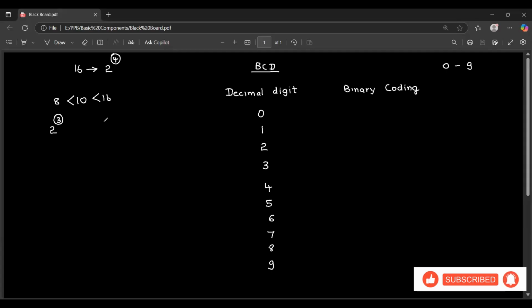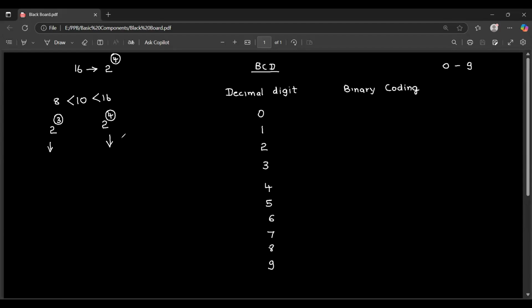But if we choose 4 bits, there will be excess. So we assign 10 specific codes for the decimal digits, and we discard 6 combinations. In 2 to the power 3, there are 8 combinations, which is not enough. But 2 to the power 4 gives 16 combinations. So we assign 10 combinations for the 10 digits and remove the excess 6 combinations.